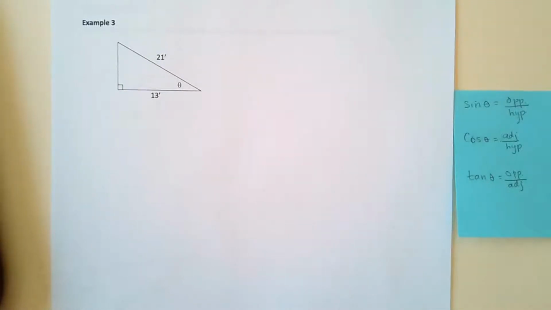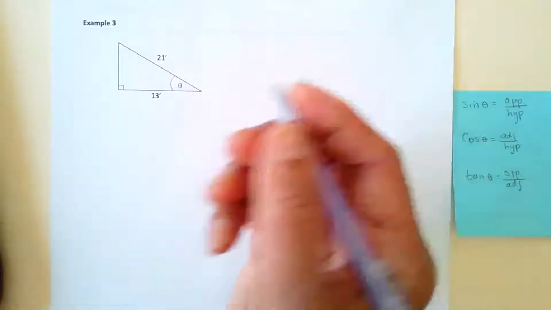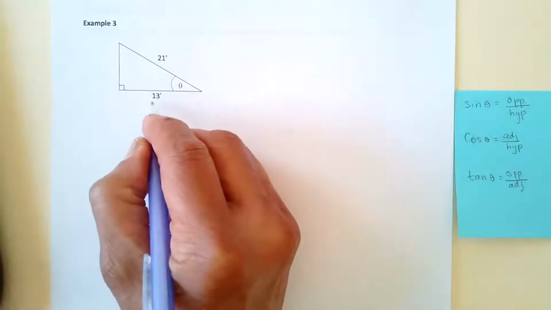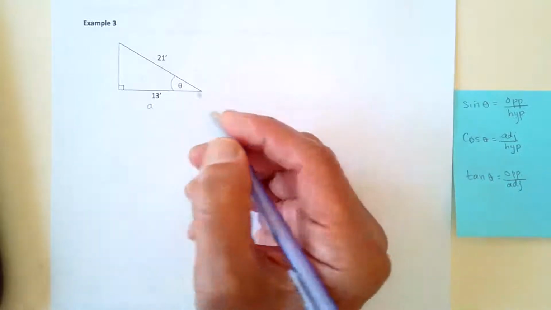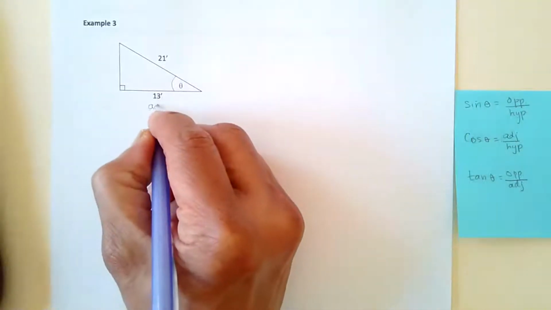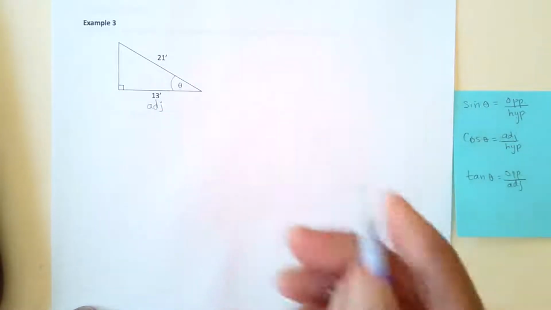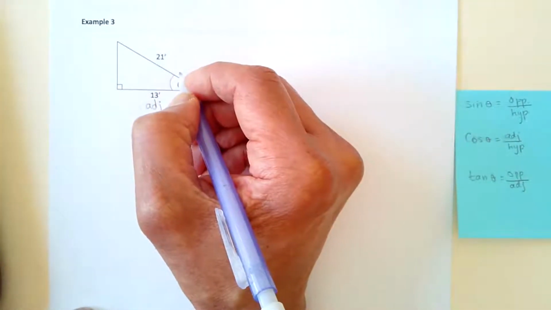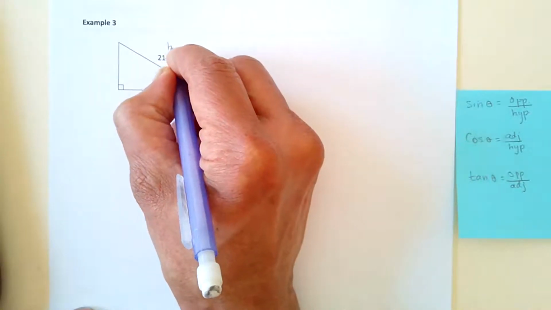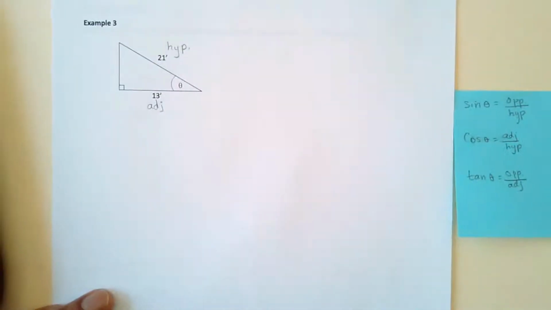Let's look at a third example. Step 1, we label our sides. This is my theta, so this would be the adjacent side, and this will be the hypotenuse.